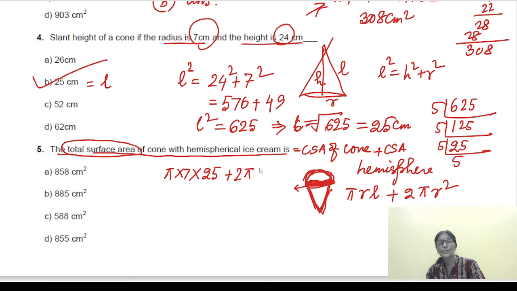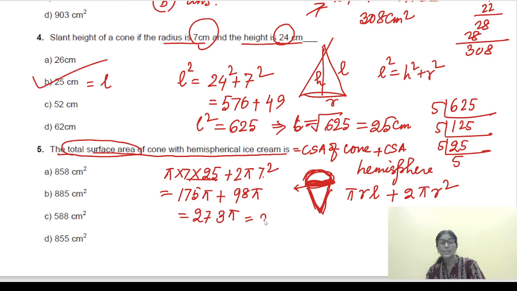7 square is 49. So it will be 175 pi plus 49 into 2, 98 pi. If I add them, 175 plus 98, it will be 273 pi.